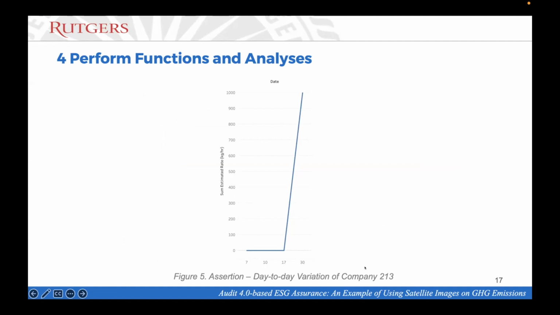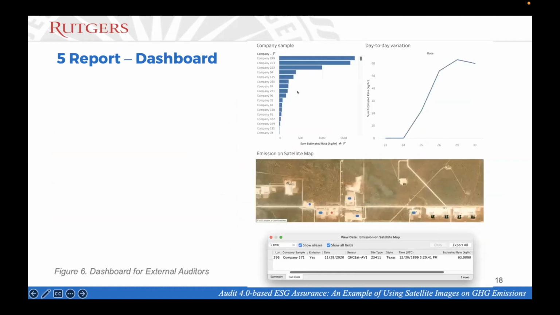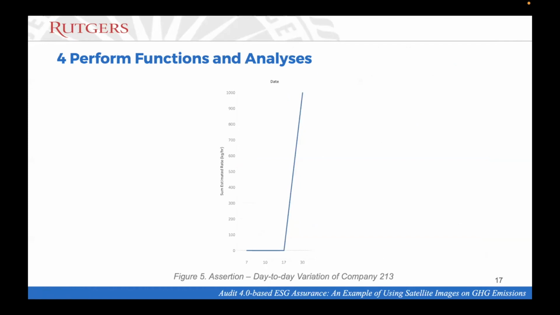For company 213, they have a special pattern: they may emit more at the end of the month. So auditors can pay more attention when it comes to the end of the month.